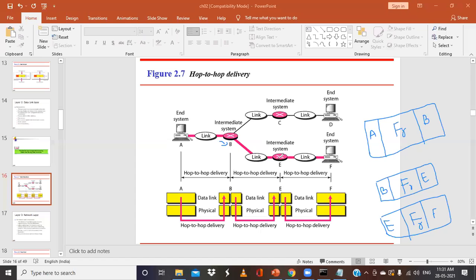From E, it will again go to the data link layer and physical layer, and from there it will be sent to the next device, that is F. So every time the physical address or the MAC address will be changed, because A is sending to B, B is sending to E, and so on. So the data link layer is responsible only for hop to hop delivery.